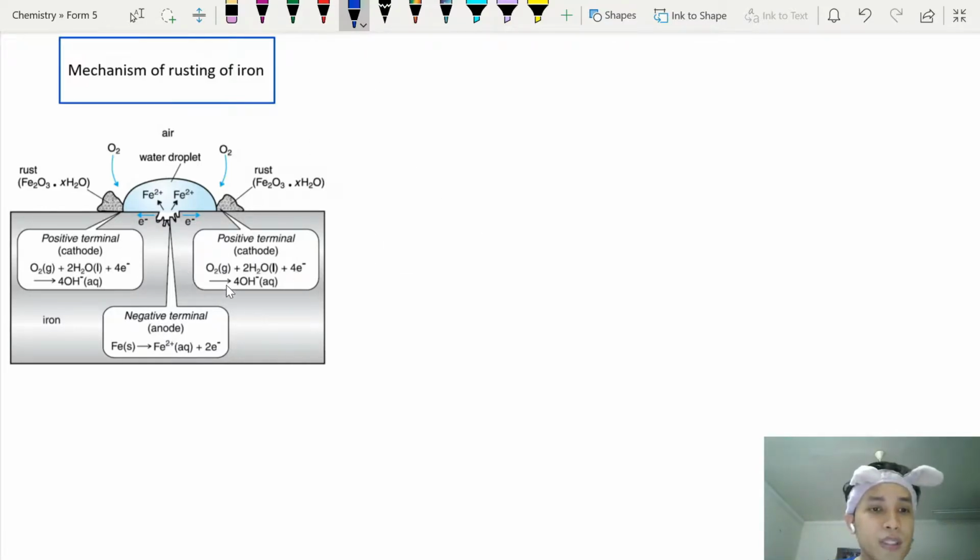First, let us look at this diagram right here. Normally they divide it into 4 stages. The first stage is the center of the water droplet.